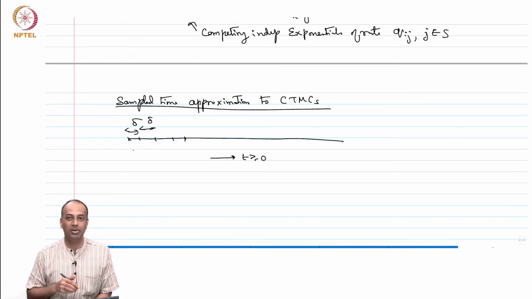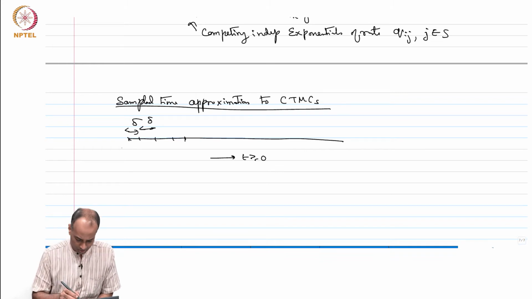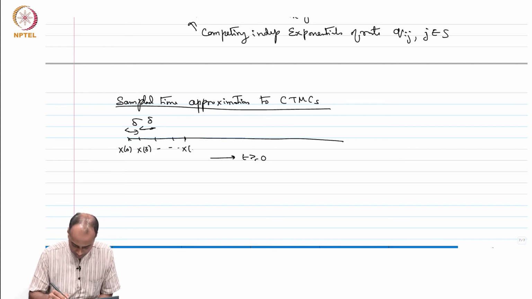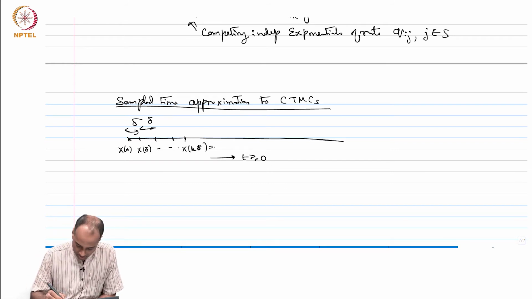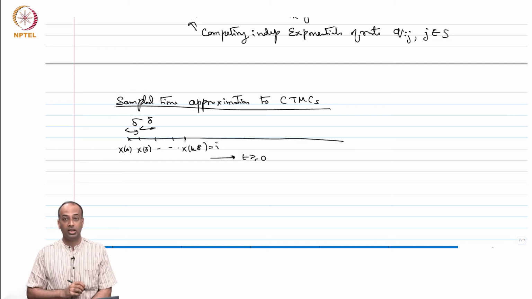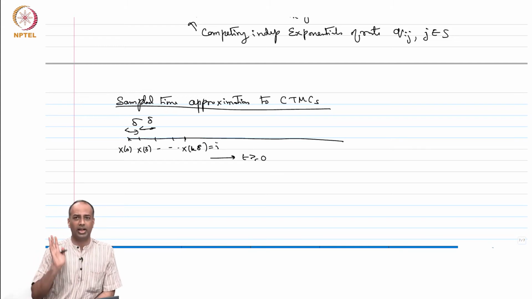This is the sampled time approximation to the CTMC. So, maybe I should call this X of 0, X of delta, X of k delta, and so on. Let us say that I am in some state i, X of k delta is equal to i.